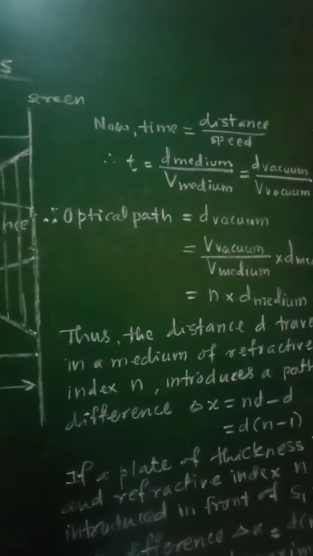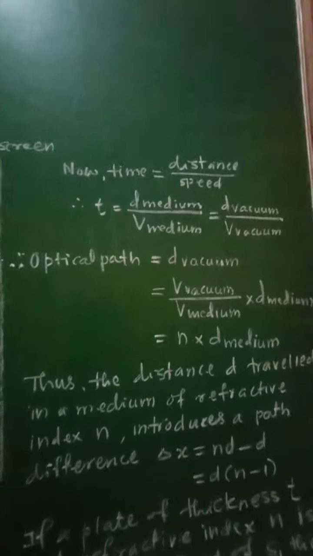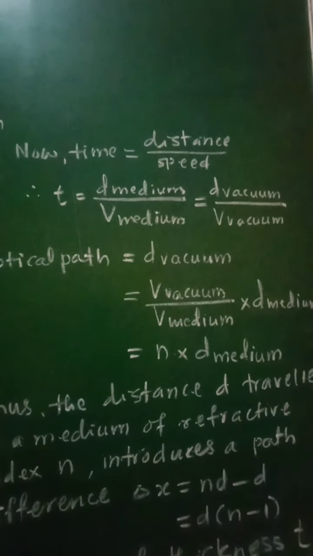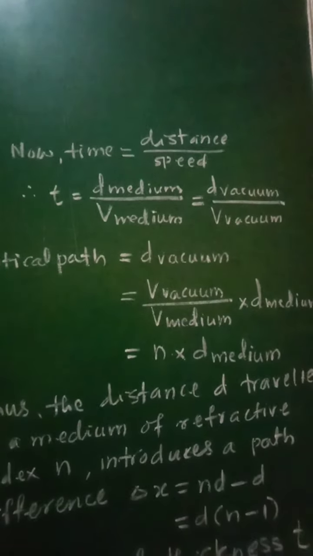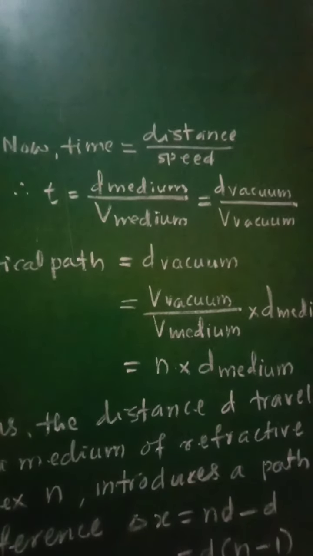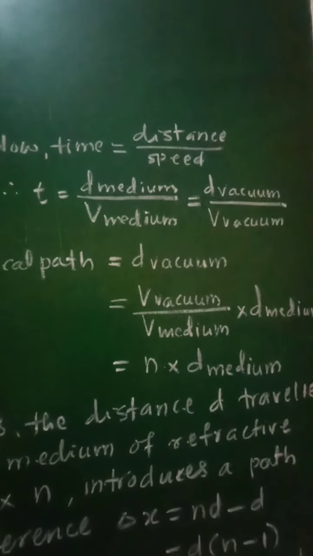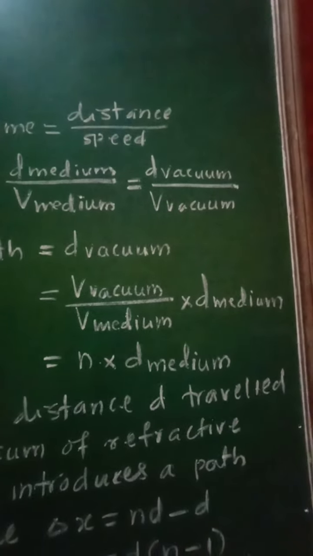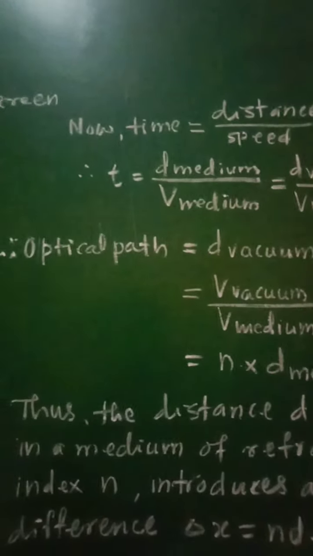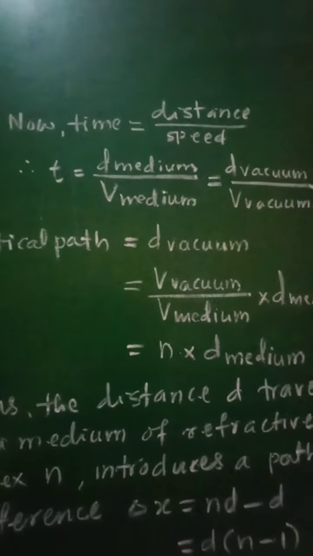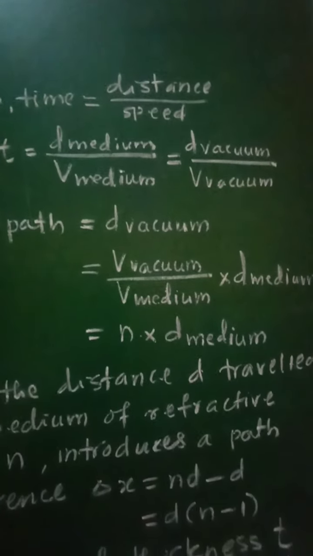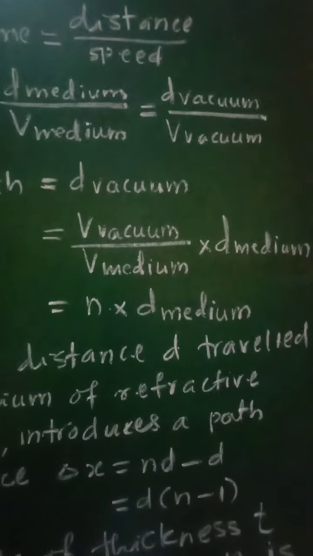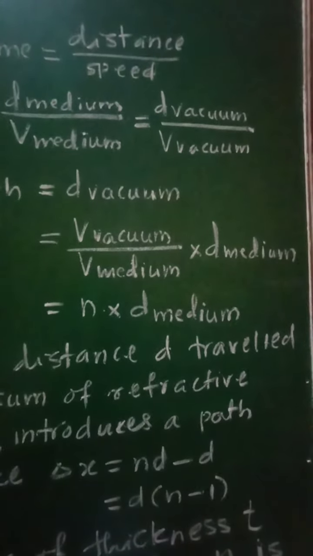And therefore, in order to find the expression for optical path, we have the expression time is equal to distance upon speed, and therefore time t equals distance covered in medium divided by velocity in that medium, that will be equal to distance covered in vacuum divided by velocity in vacuum, and therefore the optical path is equal to distance covered in vacuum, and that will be written as velocity in vacuum upon velocity in that medium into distance covered in the medium.